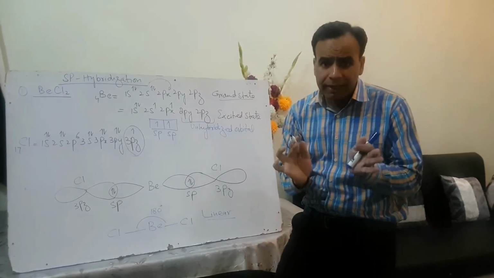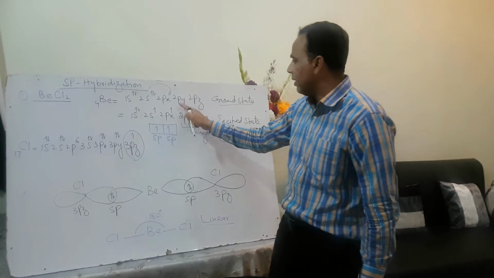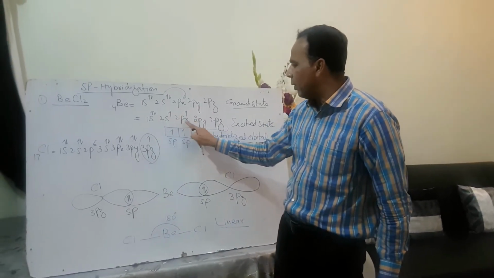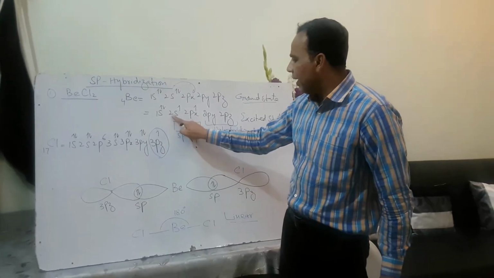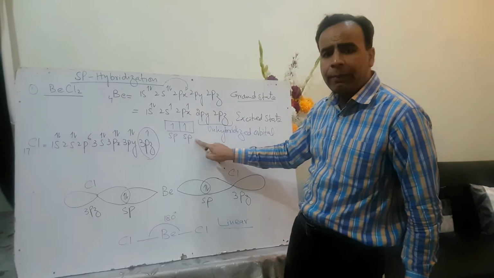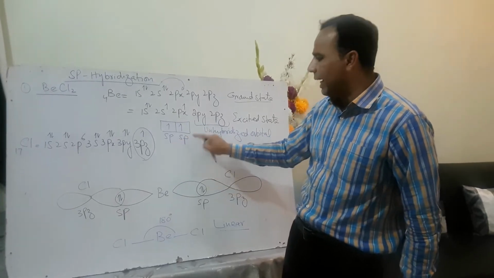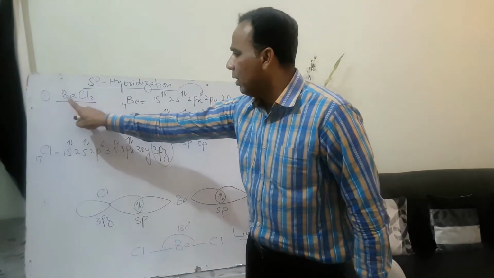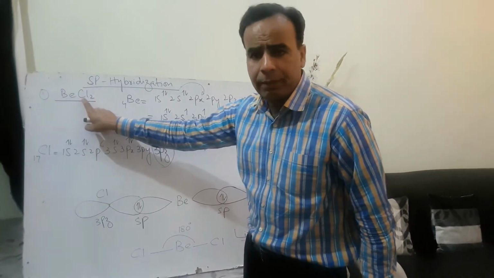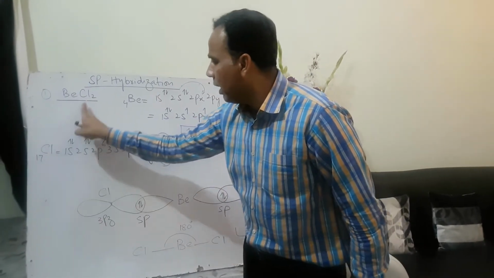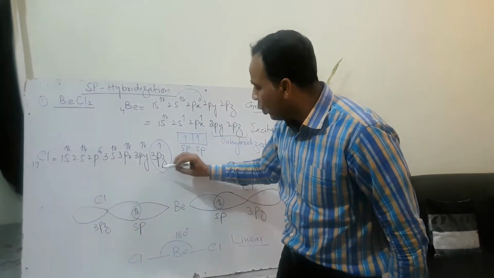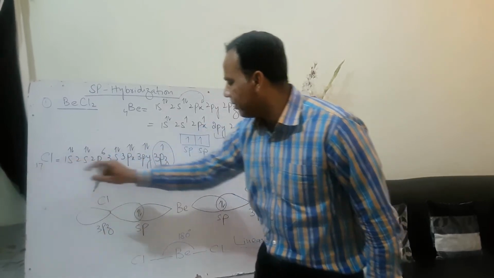As I have already told you, my dear students, there are two unhybridized orbitals, and these two are not bonding orbitals; the one s and one p orbital will overlap to form sp hybridized orbitals, sp and sp. And along with beryllium there will be two chlorine atoms. Look at the electronic configuration of chlorine. Its atomic number is 17.